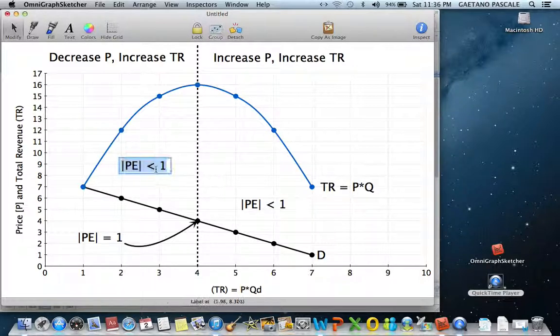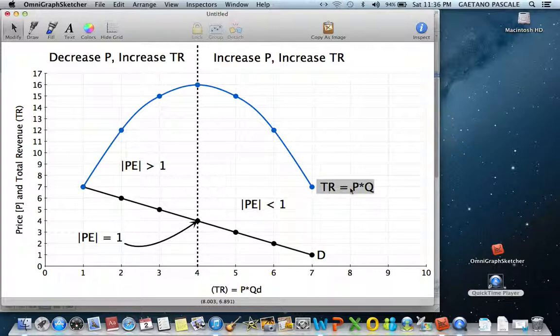on the left, we will see that the opposite is the case, that the price elasticity of demand is greater than 1. The reason being, realize that if we're at this point here of 5 and 3 and we move to 4 and 4, lowering the price increases total revenue.